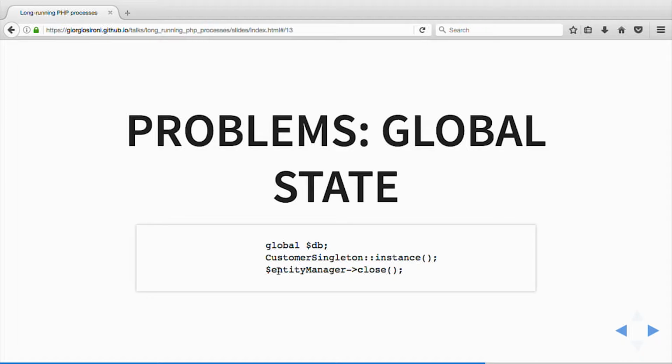You may have even subtler global state, like the Doctrine entity manager, which gets closed at the end of something you're doing, and then you need to create another one to reopen it if possible, so that you can continue to work in the same process. Global state in general is not a problem if it is immutable, but if there is anything mutable that can be carried over from one transaction to another inside the same process, then the problem comes up.